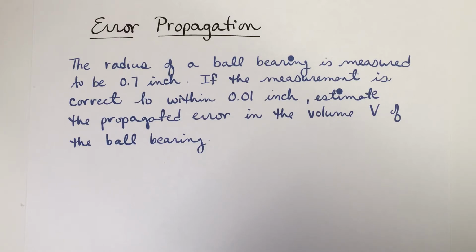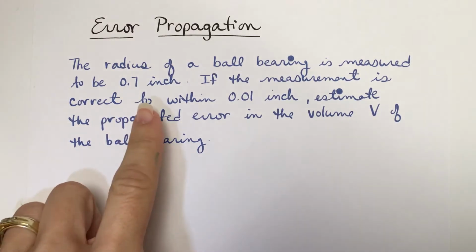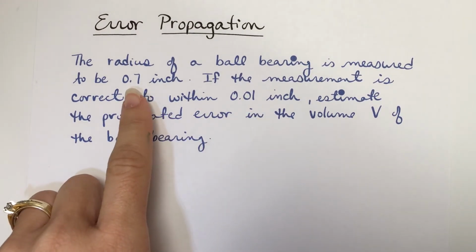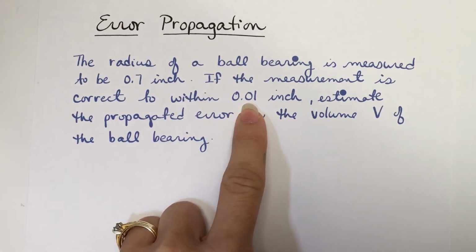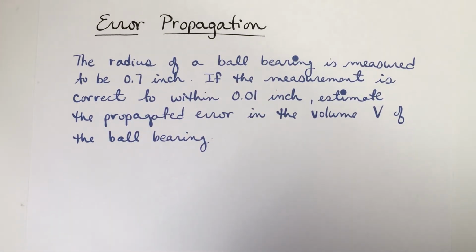If the measurement is correct to within 1/100th of an inch, estimate the propagated error in the volume. Meaning, if you allow your radius to be off this much, then obviously if your radius is off a little bit, then your volume's going to be off a little bit. So what is the error in the volume based on the error that you're allowed with your radius?